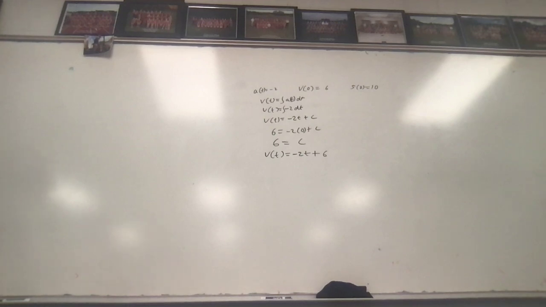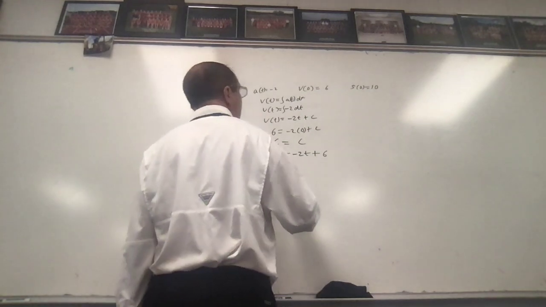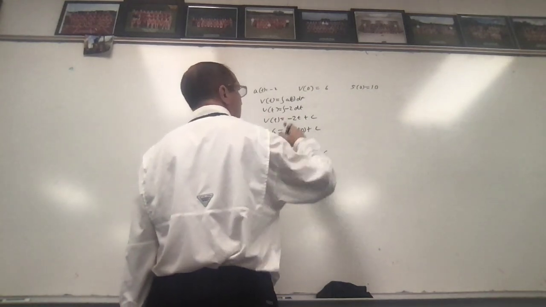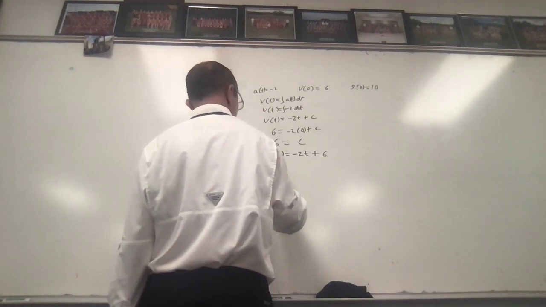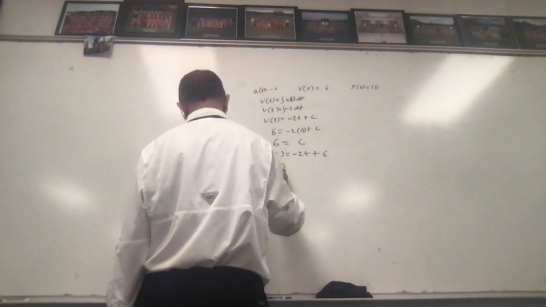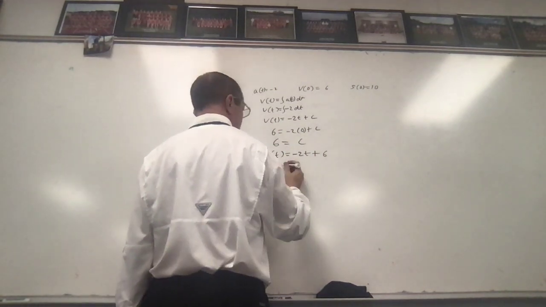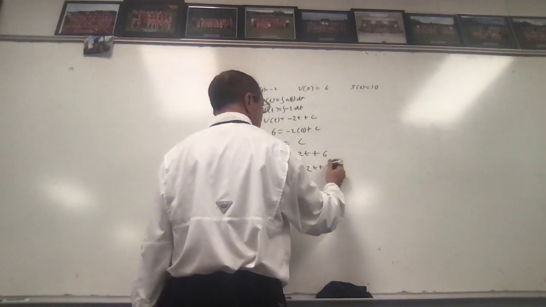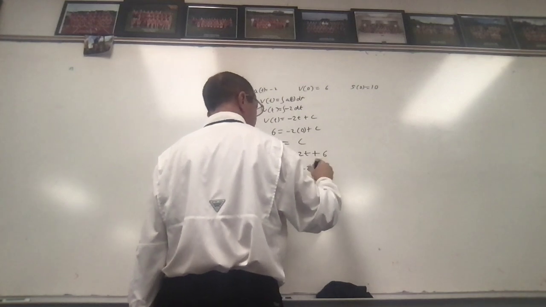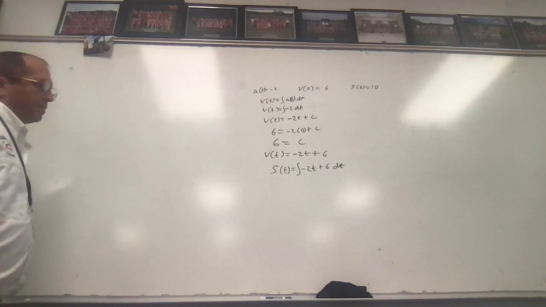Okay, well now we pick up just like what we've done on the previous two problems here. I know that the derivative of position is velocity. The antiderivative of velocity is position. Said that wrong, I apologize. So S of t is equal to the antiderivative of -2t plus 6 dt. Okay.